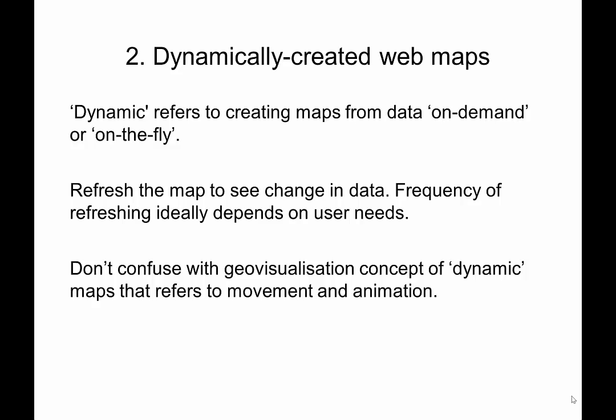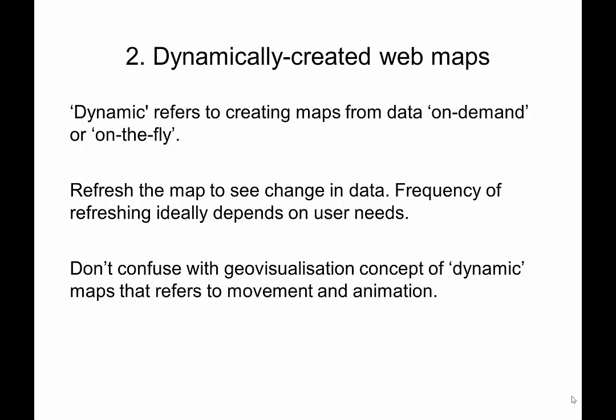You need to refresh the map in the browser to see any changes in the data. So for example, with something like that Twitter map of the election, tweets are going up constantly, you might want to refresh it every few seconds even, to see the changes on the map. Just a note on this use of dynamic. Dynamic is used in many different contexts in GIS.